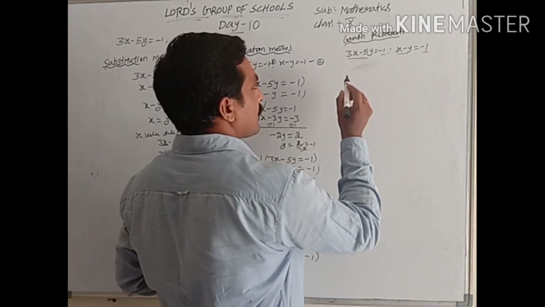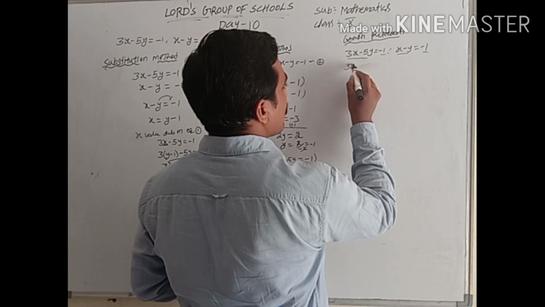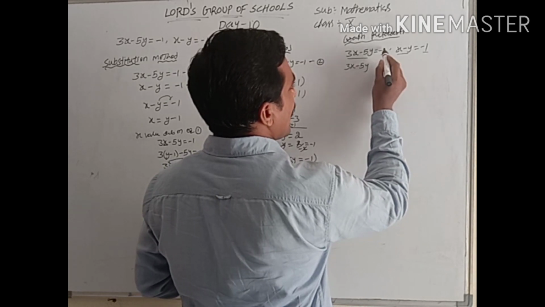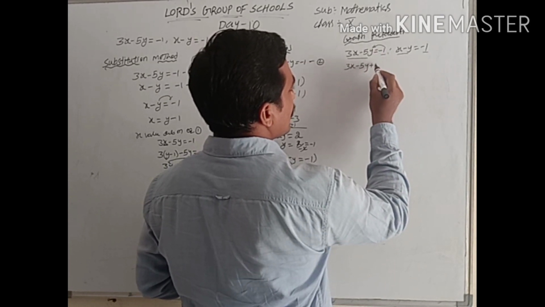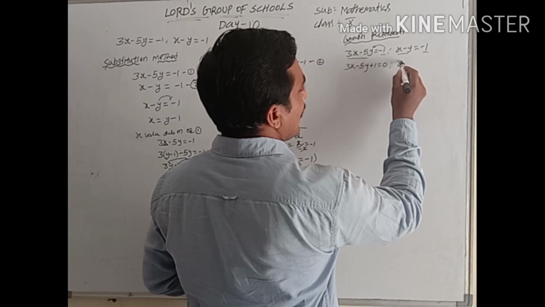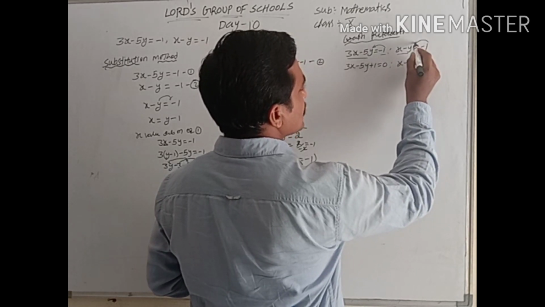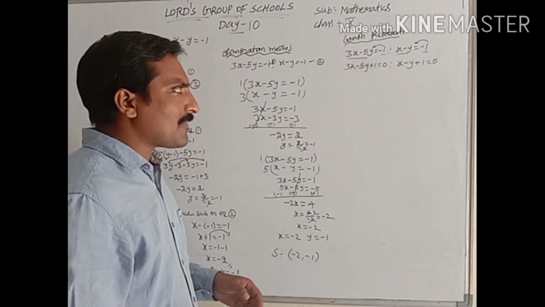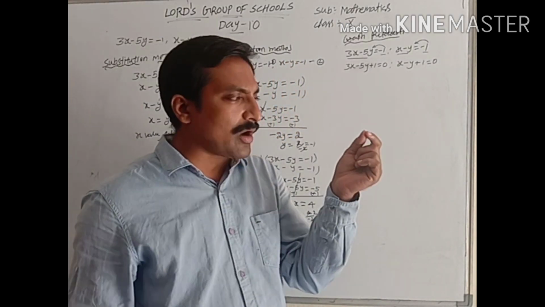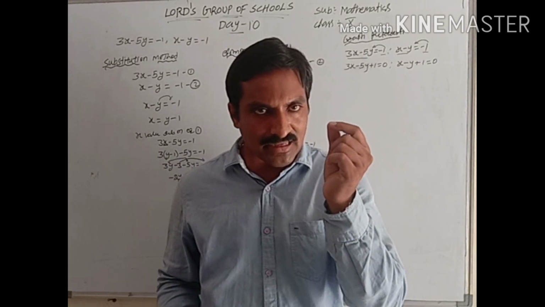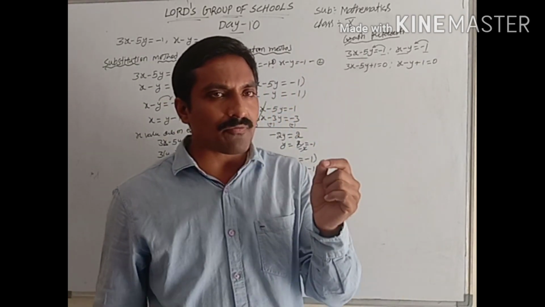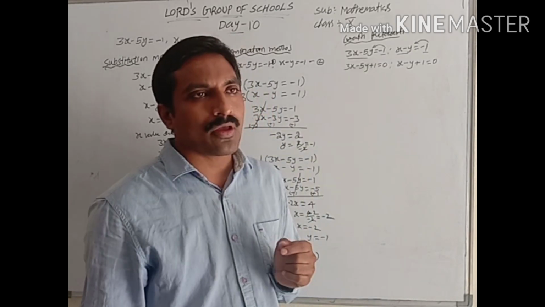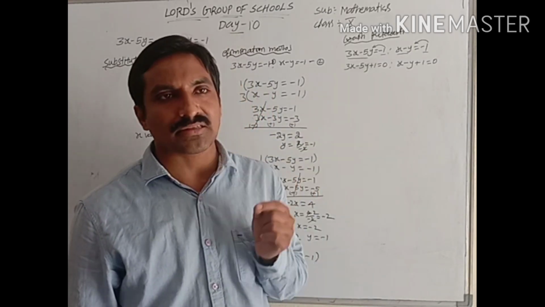At that time, first you have to represent 3x minus 5y minus 1, translate here, plus 1 is equal to 0. X minus y minus 1, translate here, plus 1 is equal to 0. After that, every time the coefficient of x always acts as a, the coefficient of y always acts as b, and the constant acts as c.